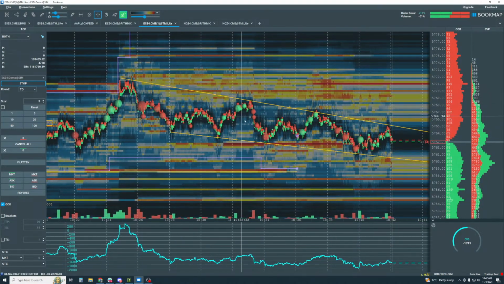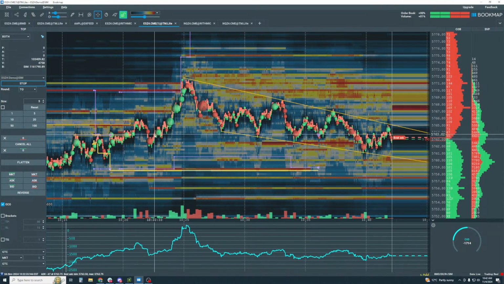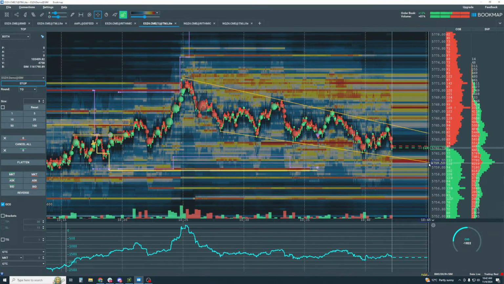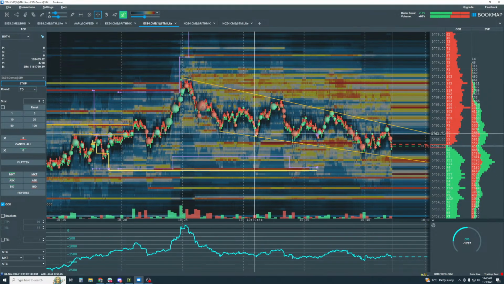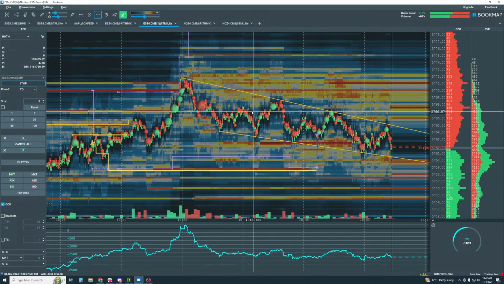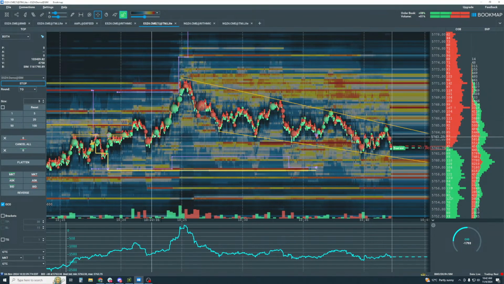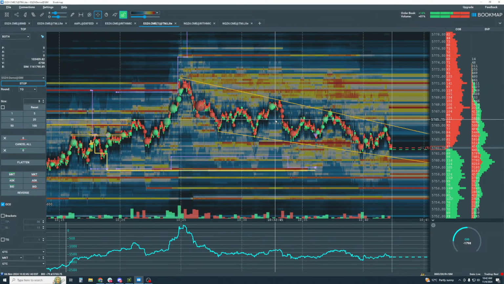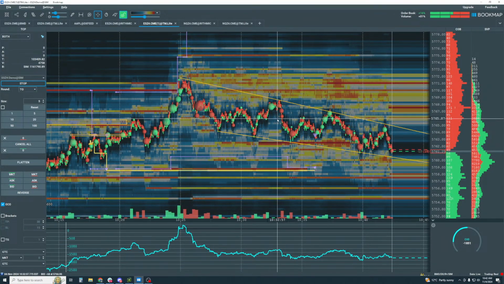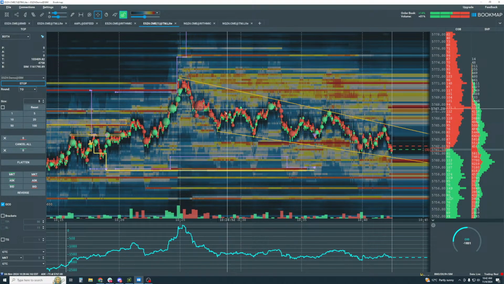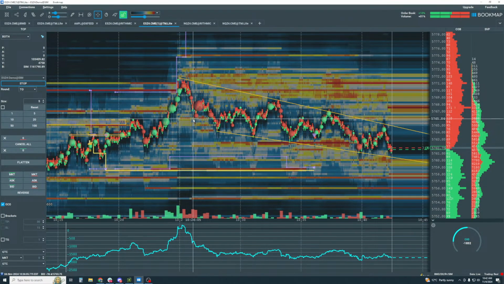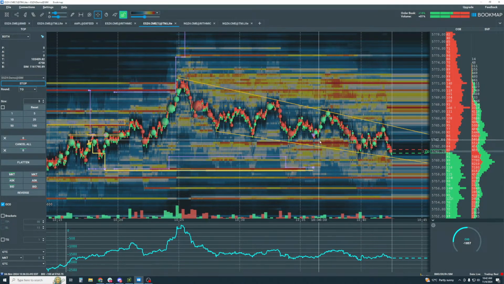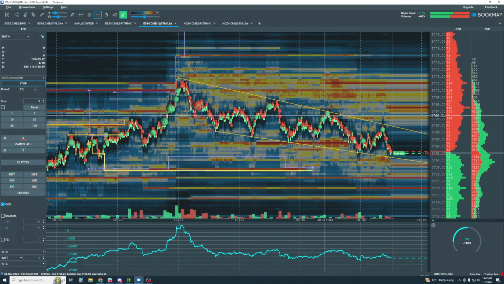It looks like kind of a big flag right here. This looks like flagging activity to me. It has the structure of it, because here's our impulse move and here's our flagging. The issue, looking at this technical analysis, is number one, this flagging action has a lot of selling in it, not so much buying.